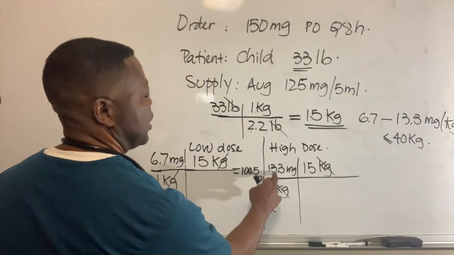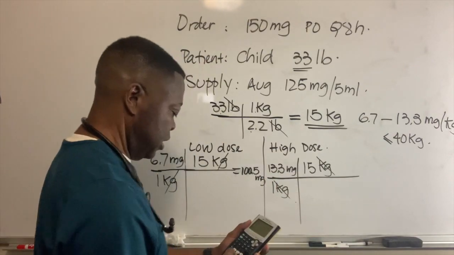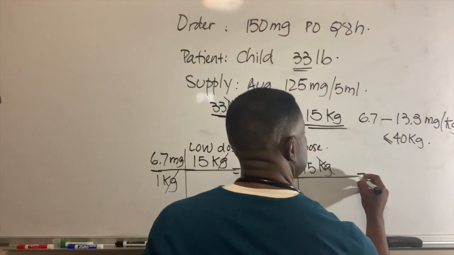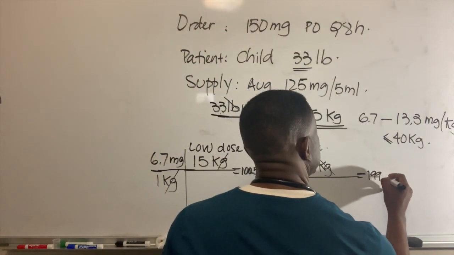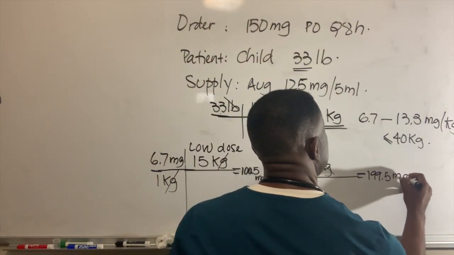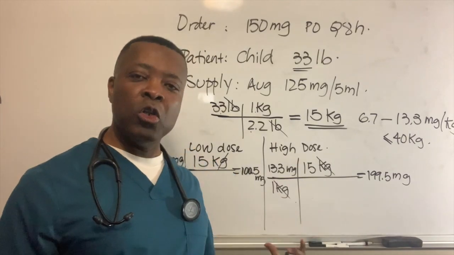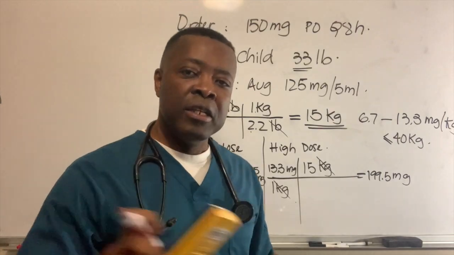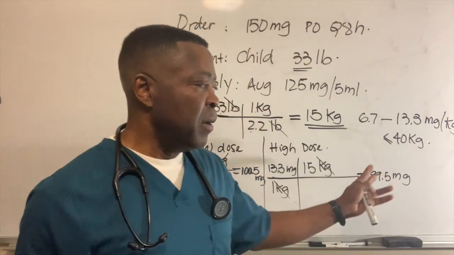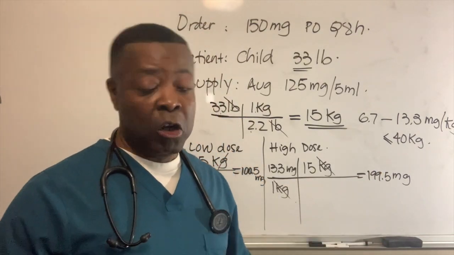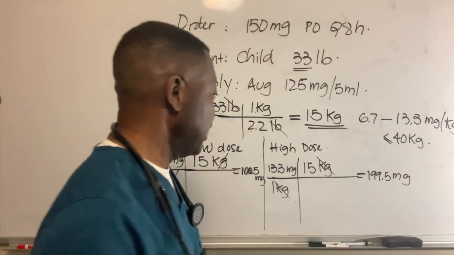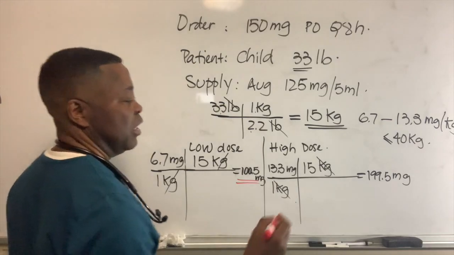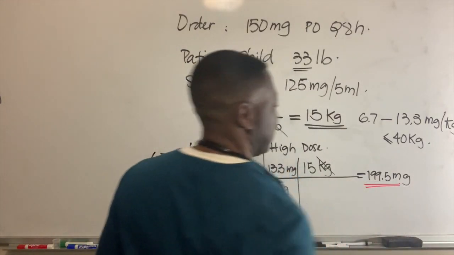I'm left with 13.3 times 15, 199.5. So this is 199.5 milligram. So we have the low dose and the high dose as recommended, either by the medication manufacturer or literature. The low dose is 100.5 milligram and the high dose is 199.5.